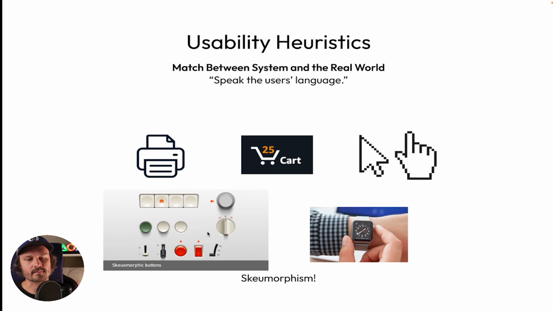And let's see here, at the bottom left, we have a selection of skeuomorphic buttons, and these are very well designed buttons, to the point where it almost looks like a photograph, although everything is just slightly too perfect.